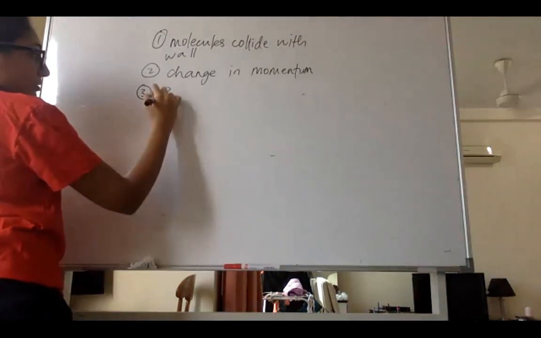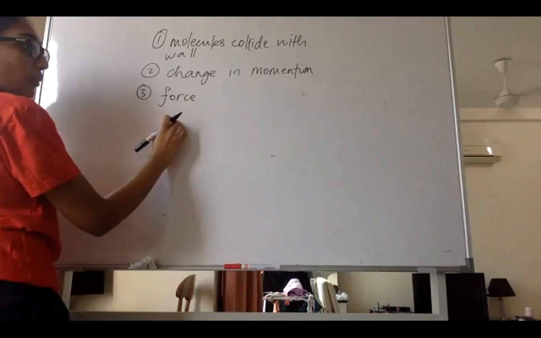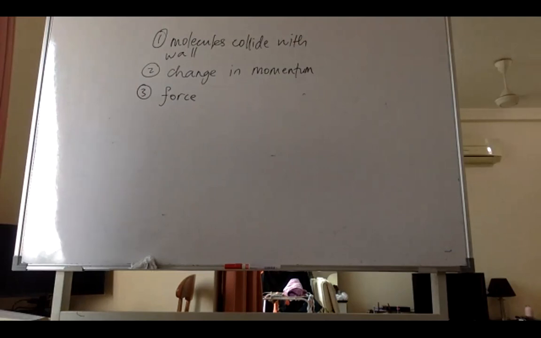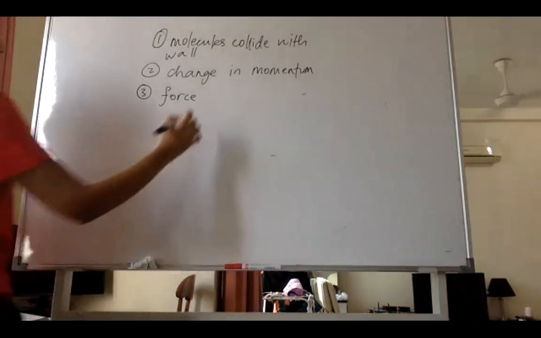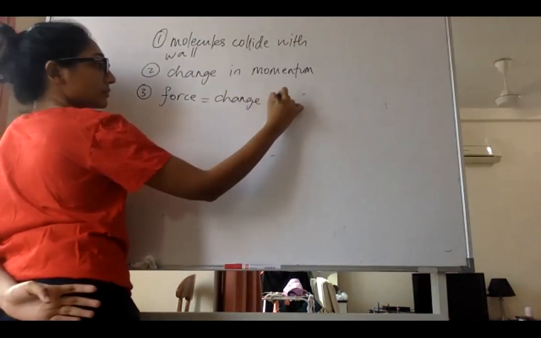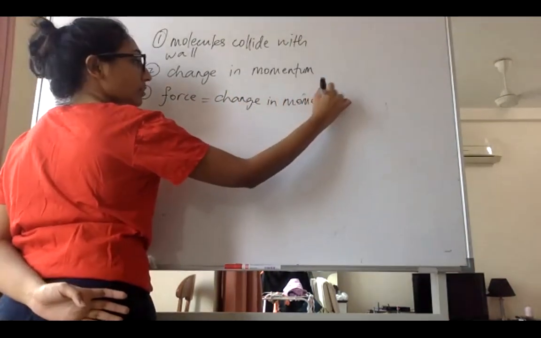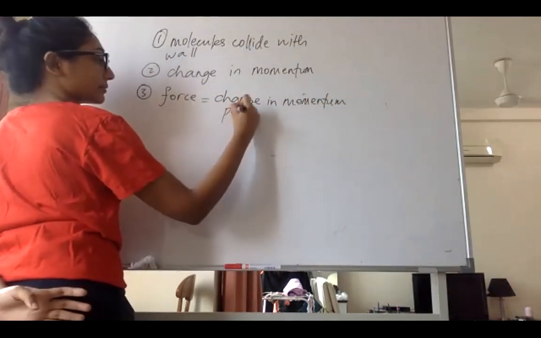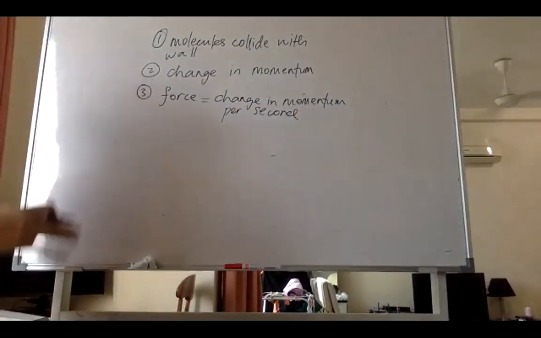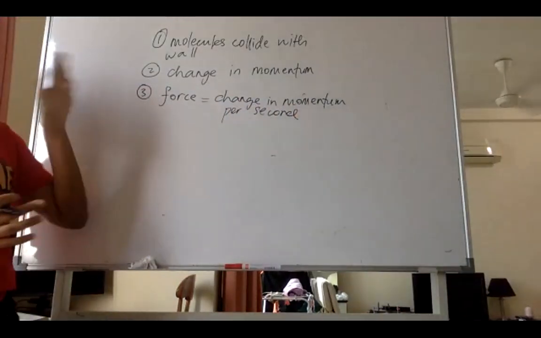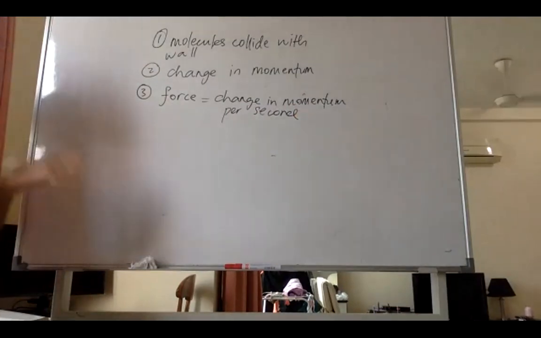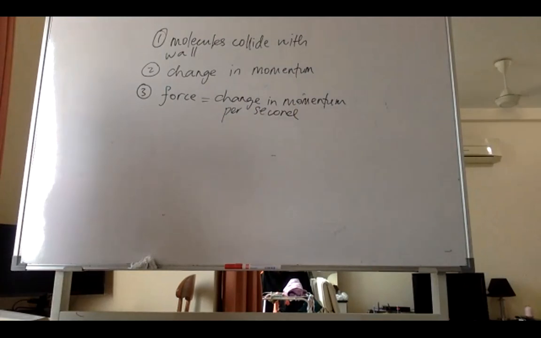There is force on the wall. That force equals the change in momentum every second. So when there's a change in momentum, this produces the force on the wall. It hits faster and then slower, so that causes the force on the wall.